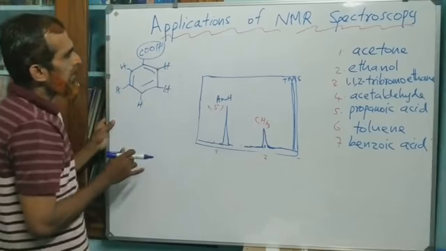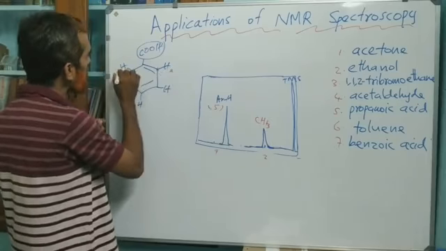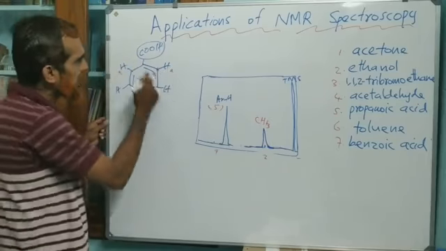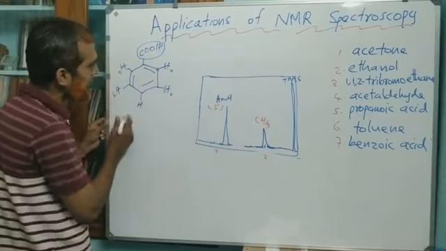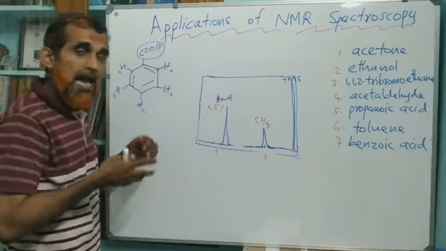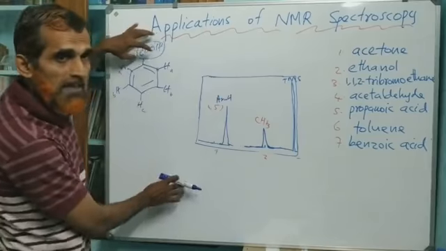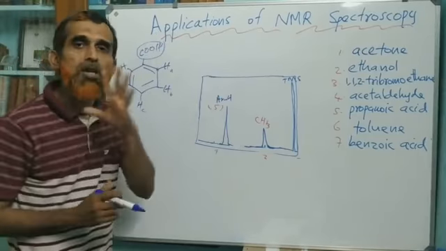That means if this is A, this is also A, ortho protons, then this is meta, this is B, and this is para. There are 3 different aromatic protons and they can couple with each other. Because this group is making all these positions non-equivalent.